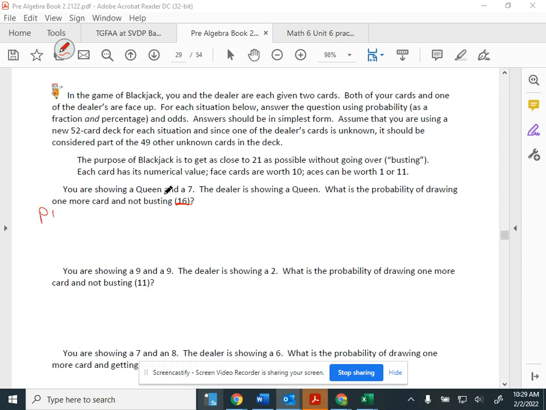So if we look at our probability, remember, successful outcomes are on top. What is our total possible outcomes? Chase? 49. Because remember, there are 49 other unknown cards.